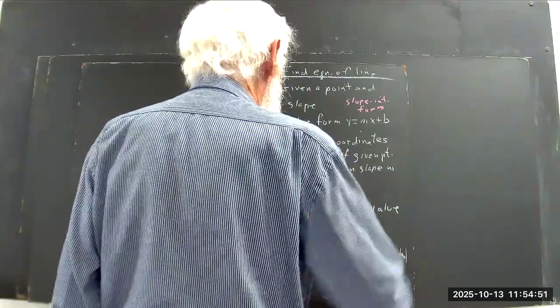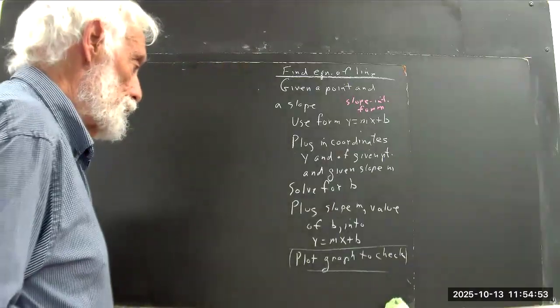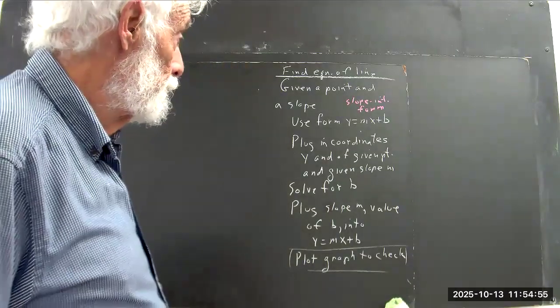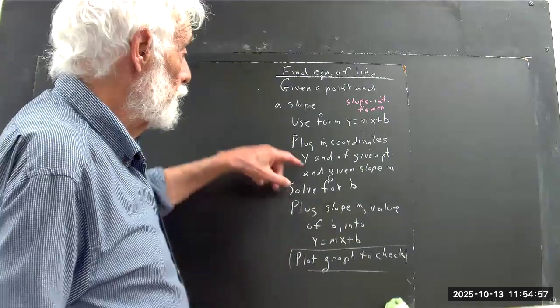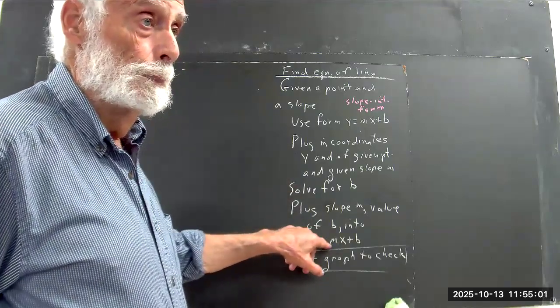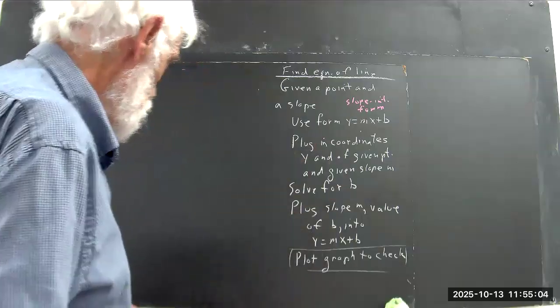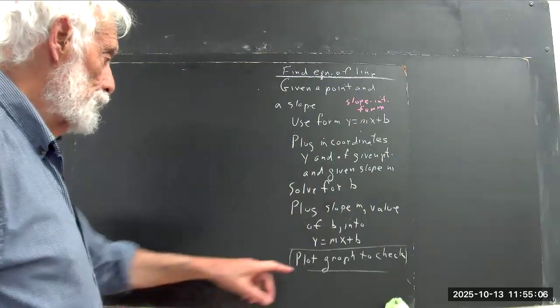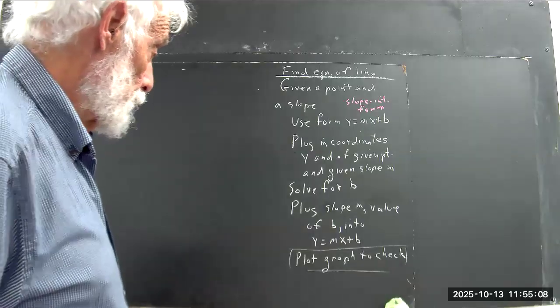And then you might consider plotting a graph to check. Or you could plug your x and y back into this equation and make sure it gives you your solution. I think it's useful to plot a graph and check.